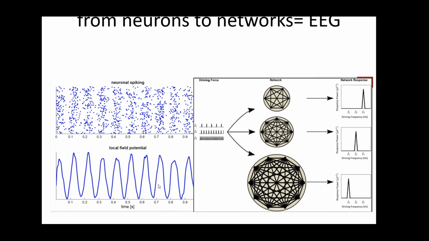I'm trying to give a broad explanation. The slow waves are in the delta range and the fast waves are in the beta-gamma range. That is the typical range that we see on the scalp EEG.